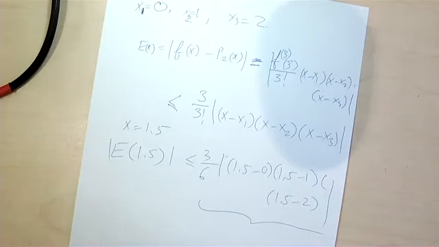The mean value theorem says that there's a point in between, so you cannot find it. But that's why you have to use some estimate like this. If you put in xi, then xi is still between 0 and 2, then you can use this upper estimate.